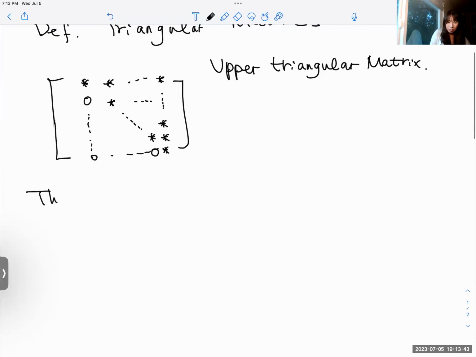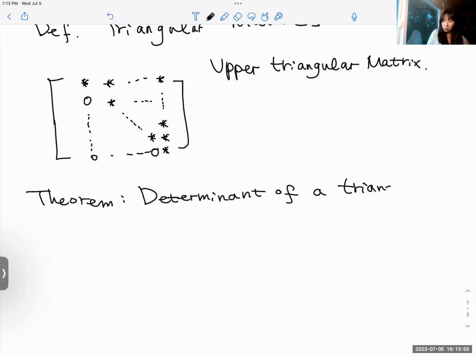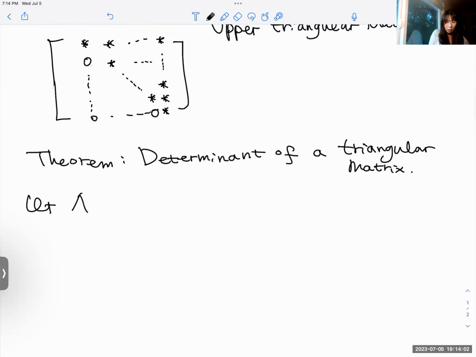Okay, so the determinant of a triangular matrix. Let A be upper or lower triangular.